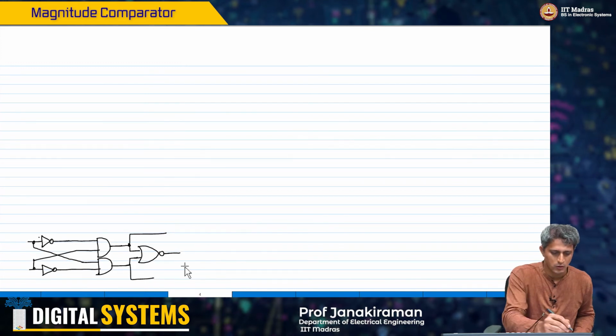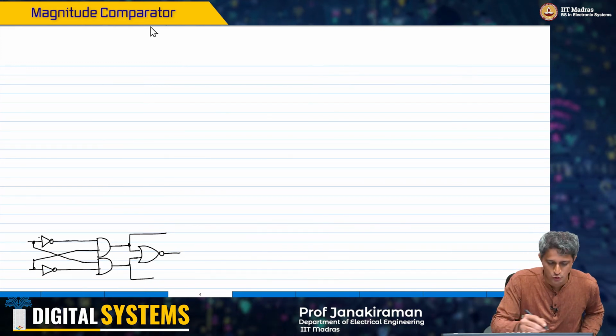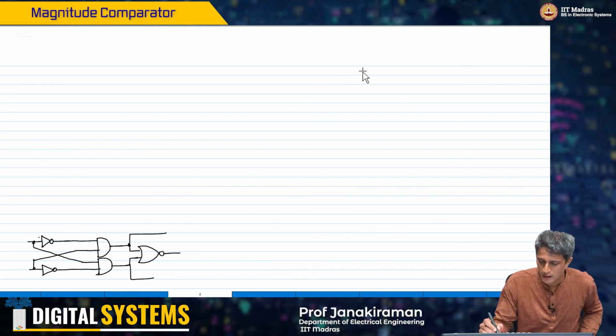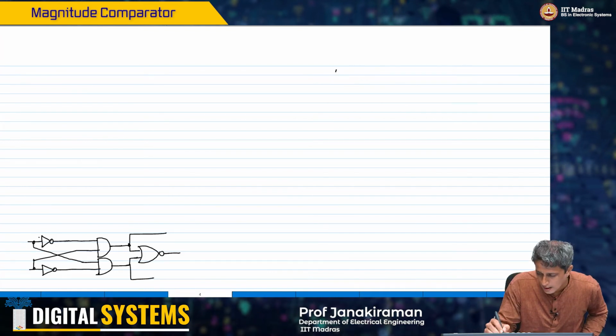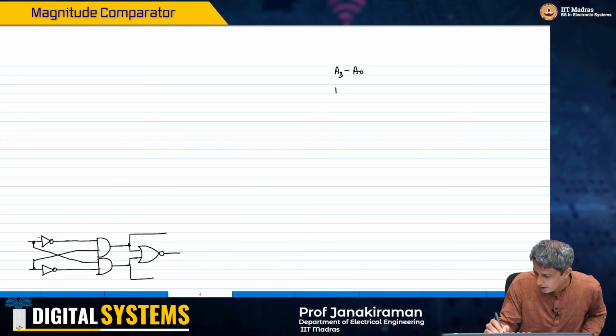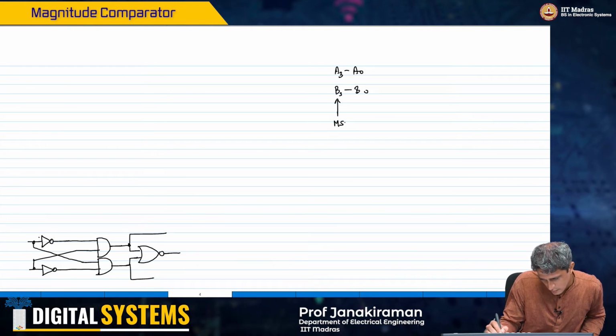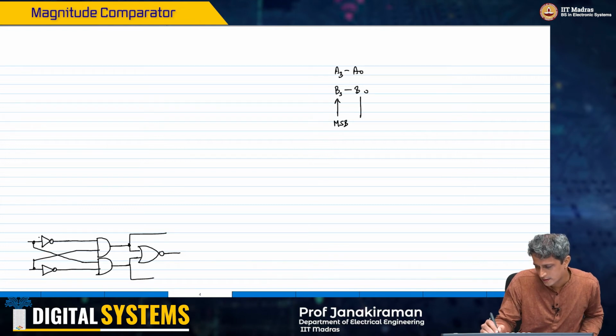So I'm going to assume as usual that A3 to A0, B3 to B0, this is the MSB and this is the LSB.